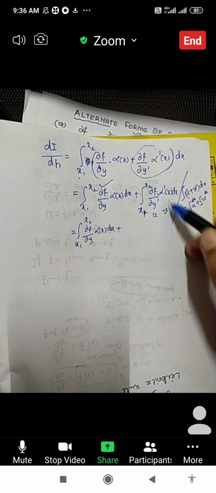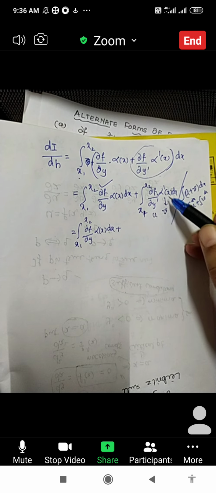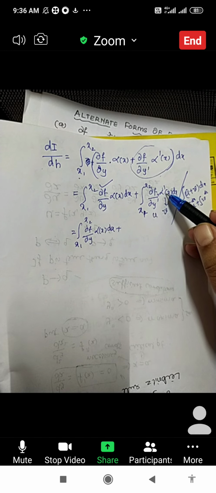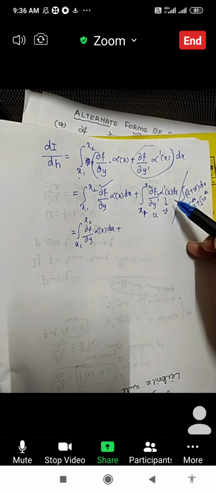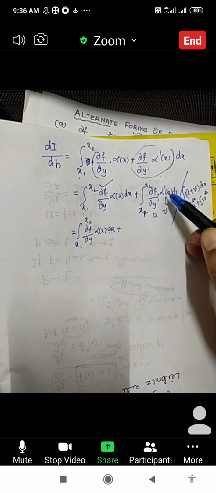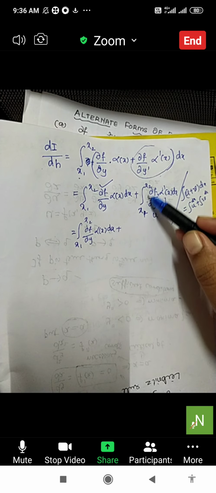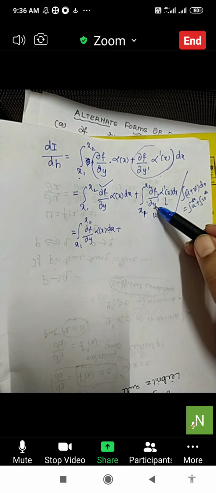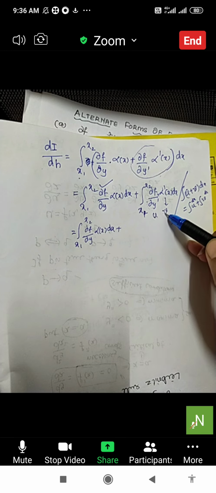I'll choose my function v as alpha dash because, okay, what is the integration of alpha dash? Let us see who will give the answer. Integration of alpha dash of x. Very good. Alpha of x. So it will be easy for us to get back. If I want to integrate the other one, it is very complicated. Agree? So this first function we will treat as u and the second function we will treat as v.